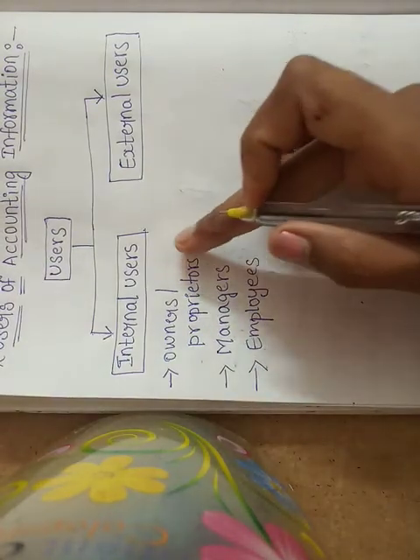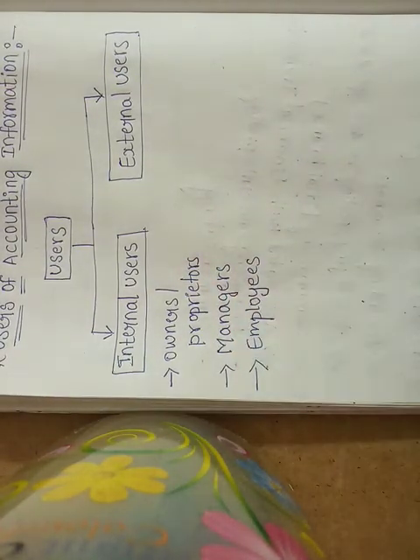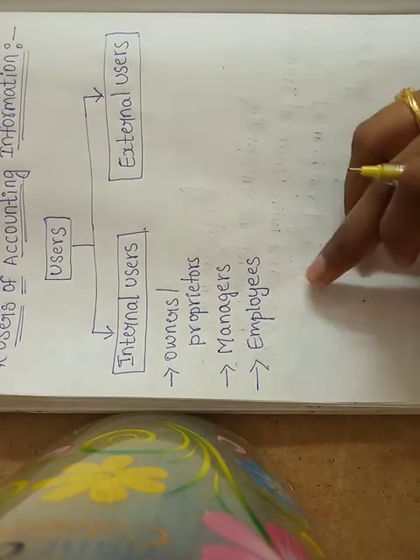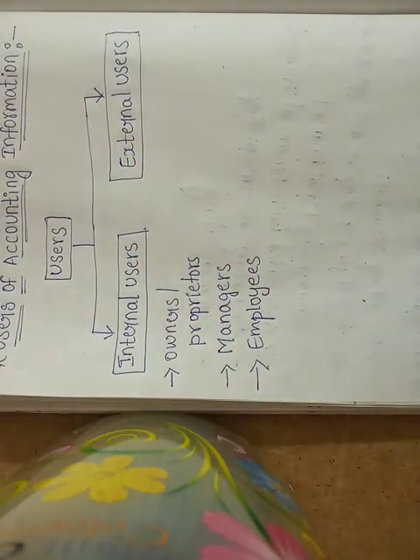Okay, owners or proprietors, managers, employees. These three are the internal users.